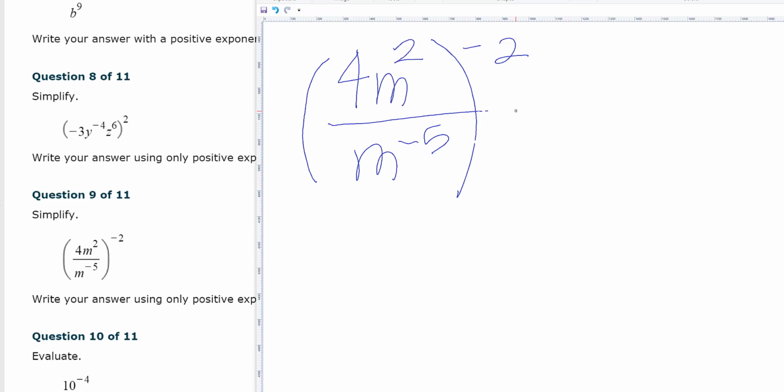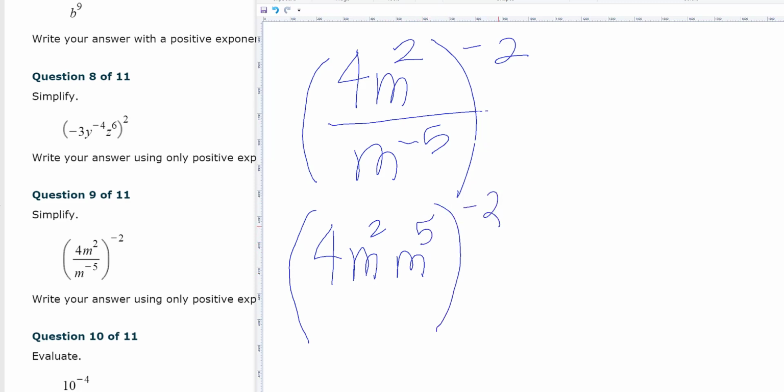So what we want to do here is clean up on the inside, but leave it in parentheses: 4m squared, m to the 5th, because it's going to move up to the numerator. Then I notice that I have 4m to the 7th, all of that to the negative 2 power.